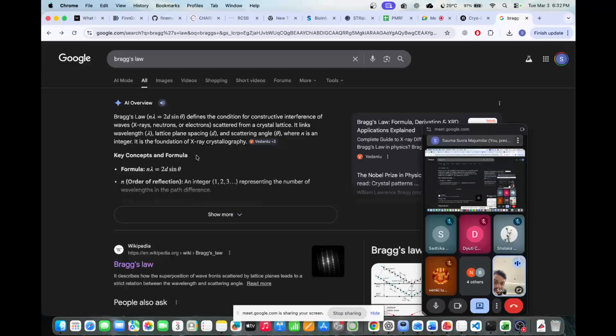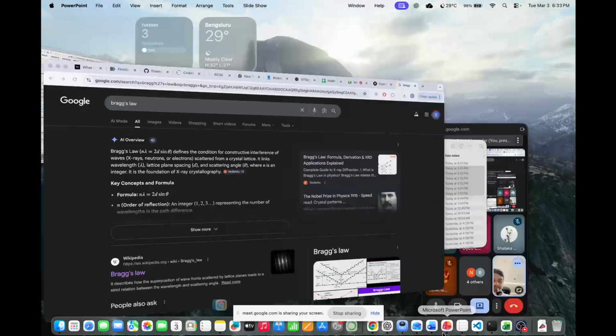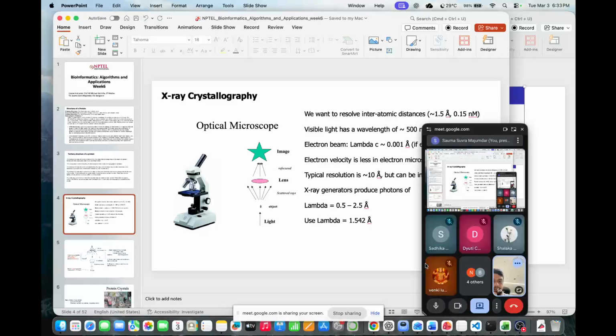D is the distance and n is the order of reflection, and you can find the theta. If you find the theta, it tells you how much bending or scattering is happening at that particular point. So based on theta, you can determine the edge structure at that particular region of the compound.